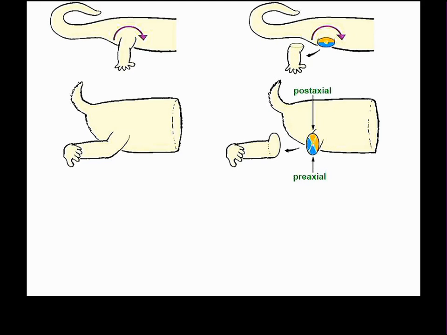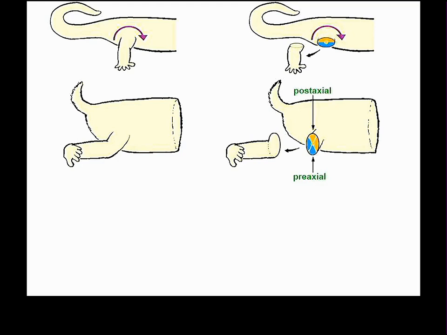Another difference is that some of the dorsal muscles and some of the ventral muscles don't participate in the rotation. If they all did, you would expect the dorsal muscles to be on the cranial surface of the limb, and the ventral muscles to be on the caudal surface of the limb.